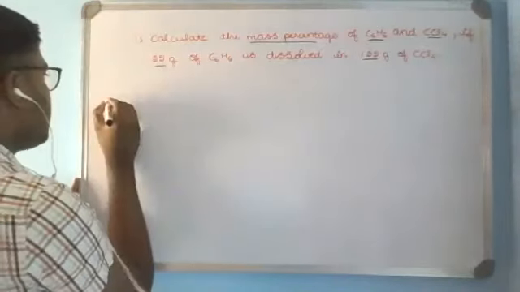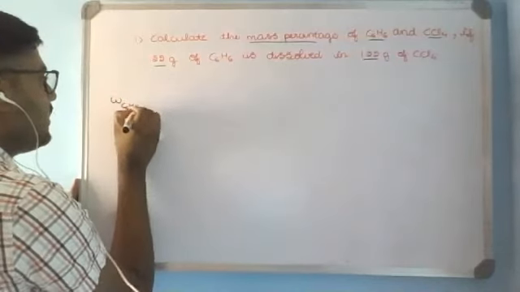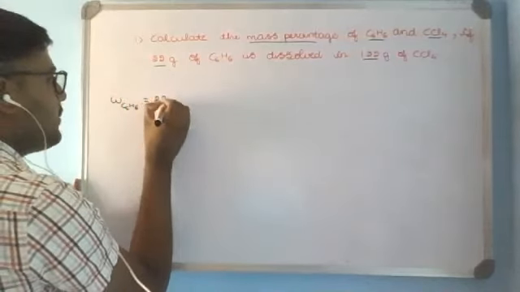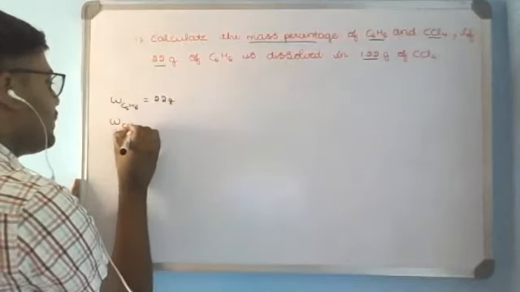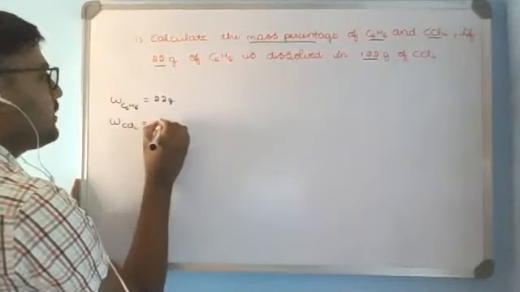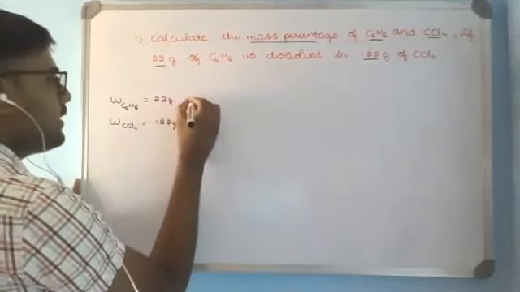If we note the data given, mass of benzene is 22 grams, mass of CCl4 is given as 122 grams.